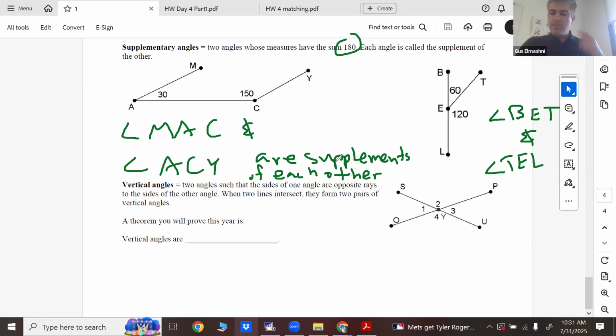And finally, for vertical angles, those are angles opposite of each other. So the sides of one angle are opposite rays of the other. So those are vertical angles. And they're always congruent, by the way.